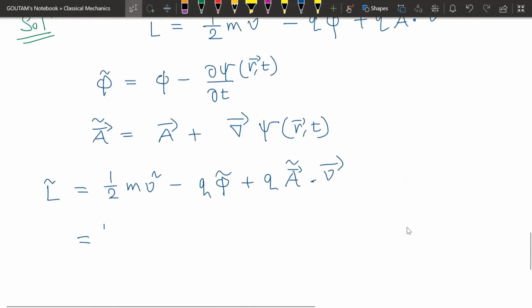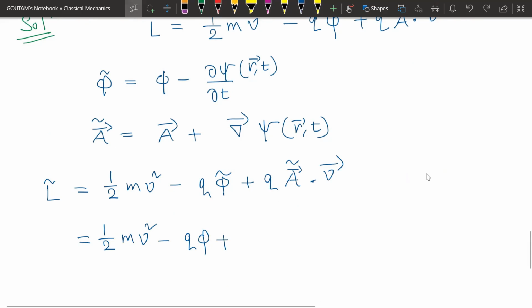Now we will replace this phi tilde by this equation and this a tilde by this equation. Then we will get minus q phi, and we will write this term after writing this q a dot v.